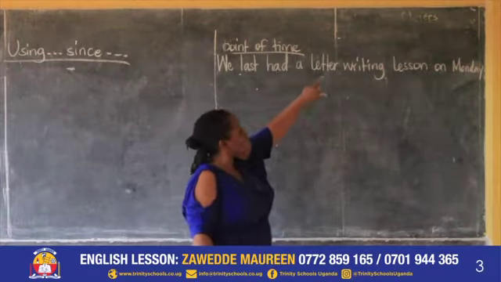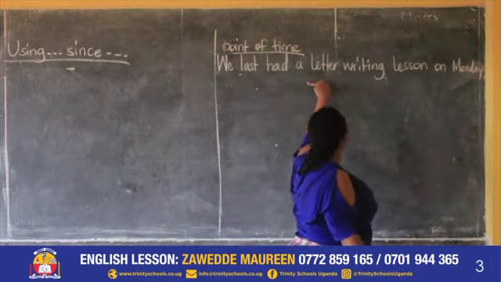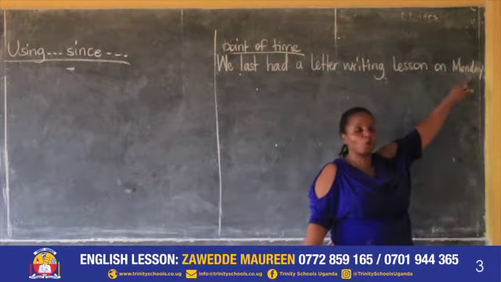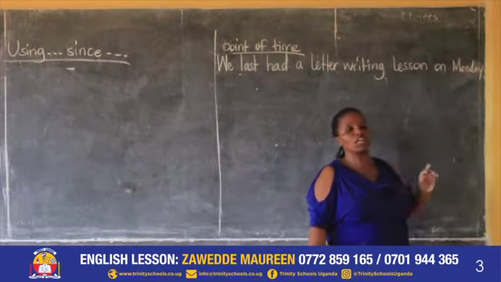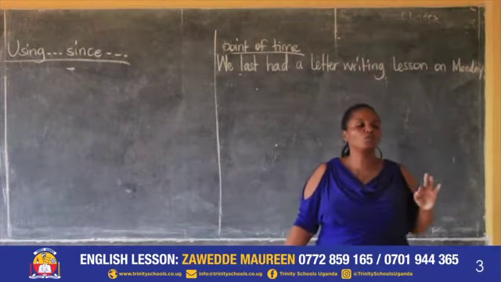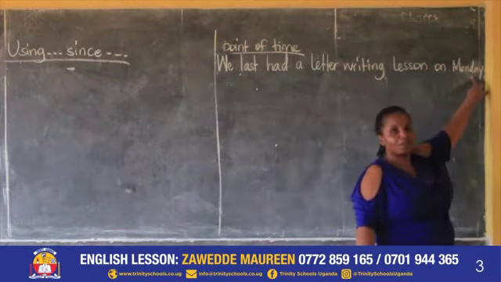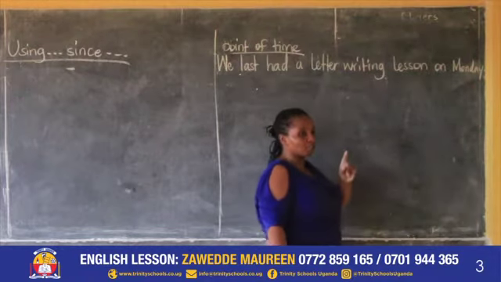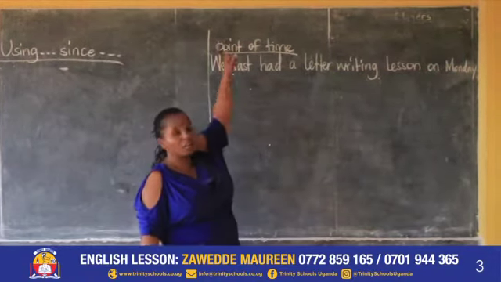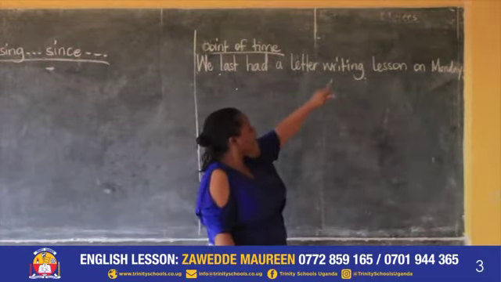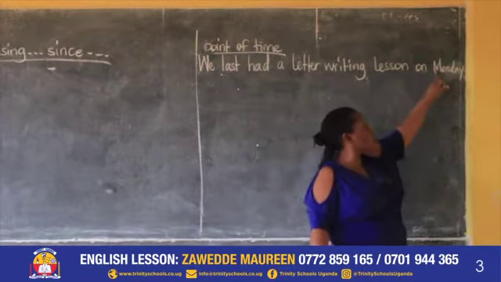They stopped when? This letter writing lesson stopped on Monday, supposing today is Friday. So, since this point of time, Monday, we have not had any what? Lesson of letter writing. The teacher last taught us that lesson on what?